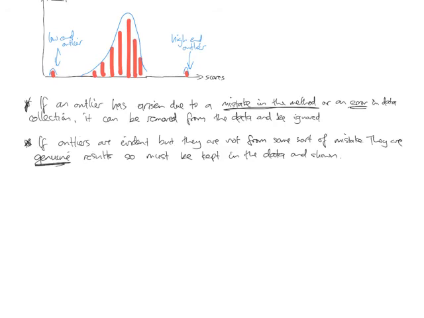The only thing that is important here is whether you should discard them or not, whether you should ignore the outliers or not. And how do you decide that? If an outlier has arisen due to a mistake in the method, so you've messed something up, or you made an error in collecting the data, you accidentally typed in something wrong, you can pretty much ignore it. You can just remove it from your data and just pretend it didn't happen.